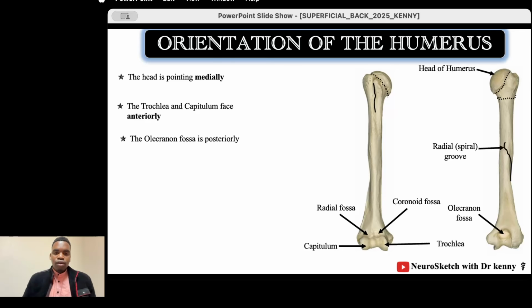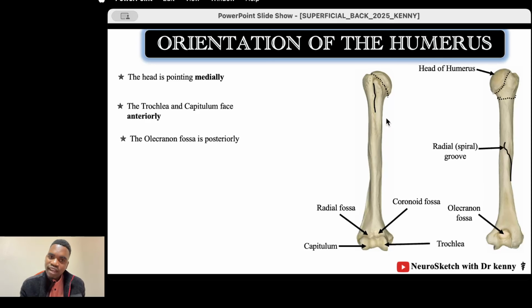Okay, so you're going to say, because in anatomical position of the humerus, the capitulum and trochlea will face anteriorly, and the head of the humerus will face medially, a little bit posteriorly and superiorly. So this will be the head of what?